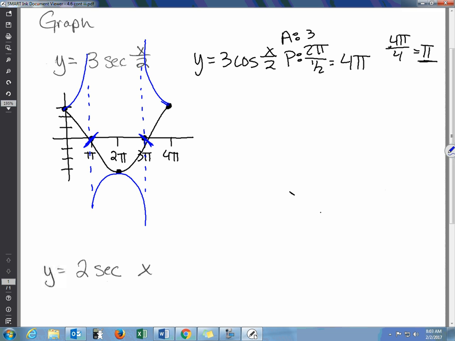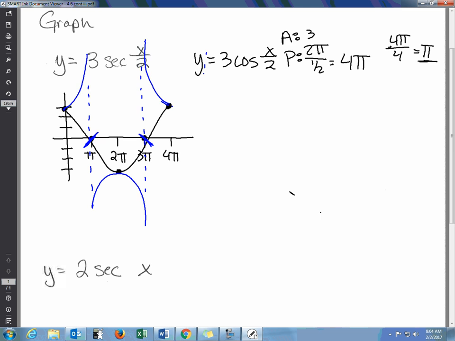Now it does look a little weird. This would continue on if you continue graphing, so it looks very, very similar to cosecant. You have the U's going up and down on either side. It's just when you graph just one period length, it looks kind of weird like this, where you have half sides of a parabola on two sides and then one full one on the bottom.